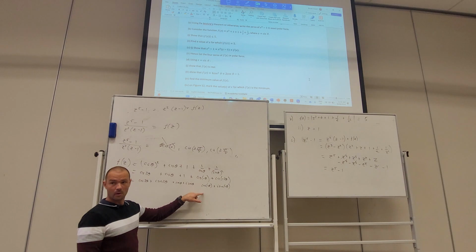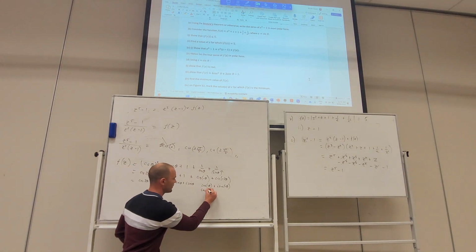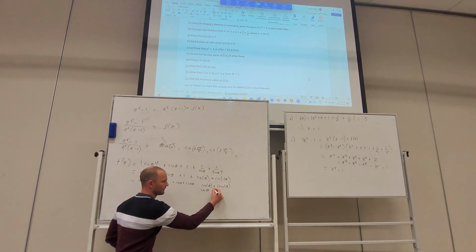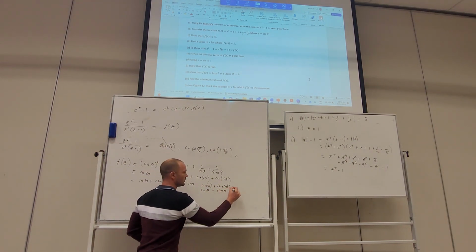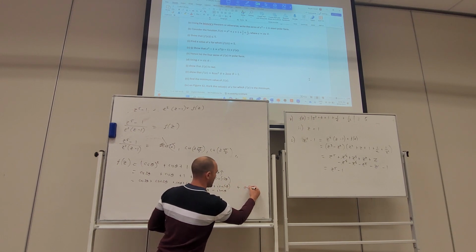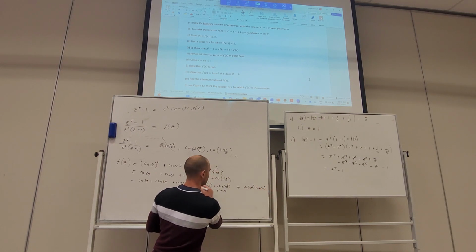And what's cos of minus theta? Cos of theta. Okay, so that part's going to be positive. You can do it in one step if you want, and that part's going to be negative. Same with this term, cos of minus 2 theta plus i sine of minus 2 theta. And I said we put the plus 1 at the end, there.